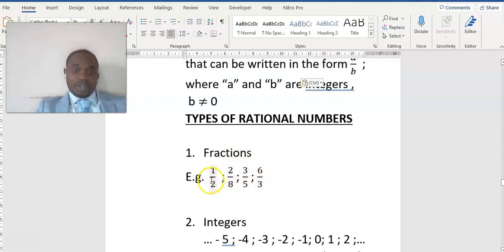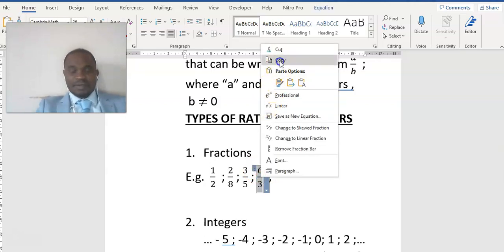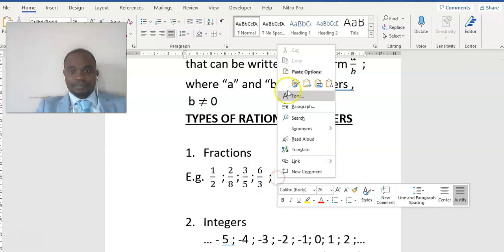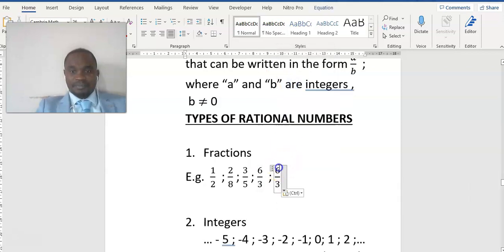So if you have numbers like this, they are rational numbers. So I can include more. 50 over 100 is a rational number. Let's say 60 over 36 is a rational number.